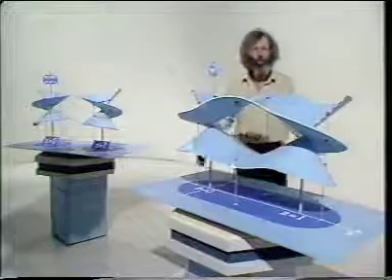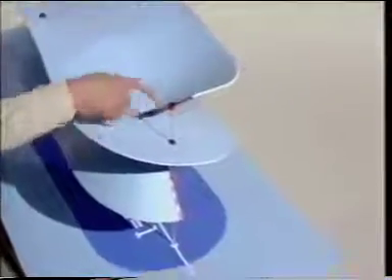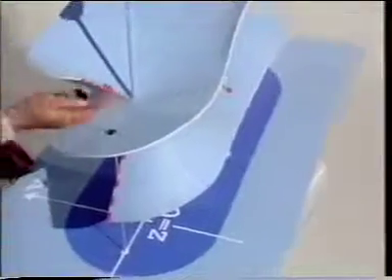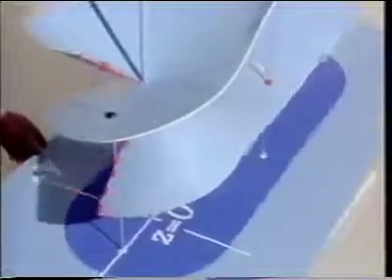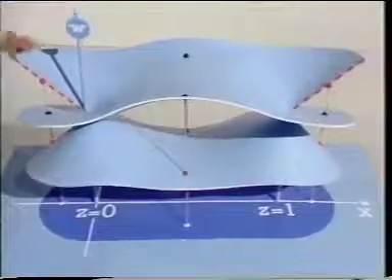And if we now broaden those strips, we get a surface like this. Of course, you still have to identify this edge with this one, and this edge here with this one. And of course, the whole surface extends outwards indefinitely.